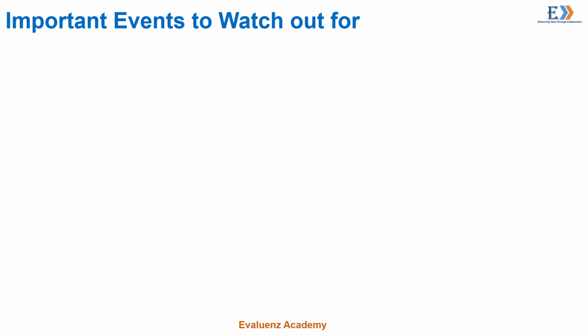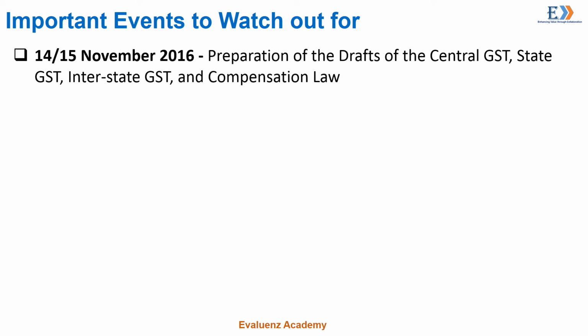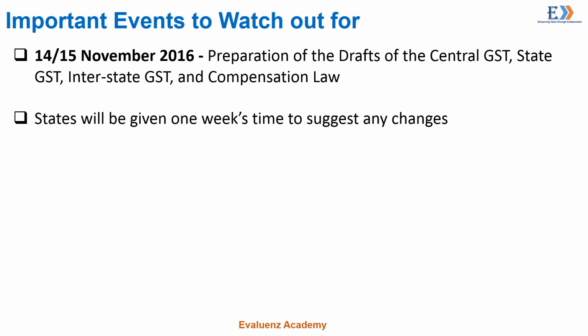Now we'll look at what are the important events to watch out for. So on 14th or 15th November of this year 2016, the central government would provide a draft of central GST, state GST, interstate GST and the compensation law to the state governments. Now each of the state governments would have time of 1 week to suggest any changes.